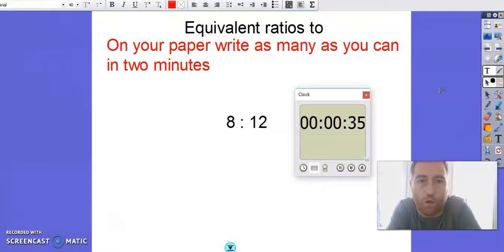And something to note is that we are looking to do the same thing to both sides. Whatever it is, timesing or dividing, it's going to be fine. 20 seconds left.